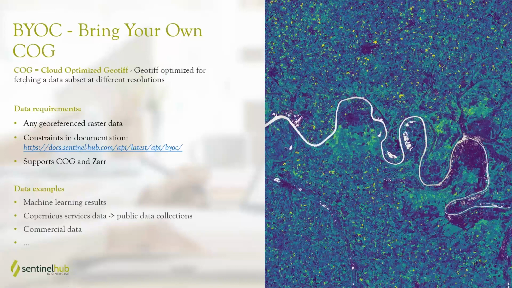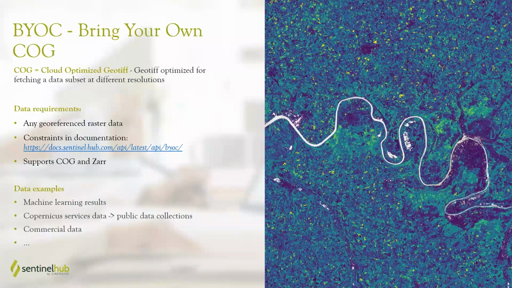So what we need to do to import the data is follow the constraints that we have for this API, and also convert it into COG. Currently, we support COG and ZARR, and in this webinar, we will focus only on the COG format.